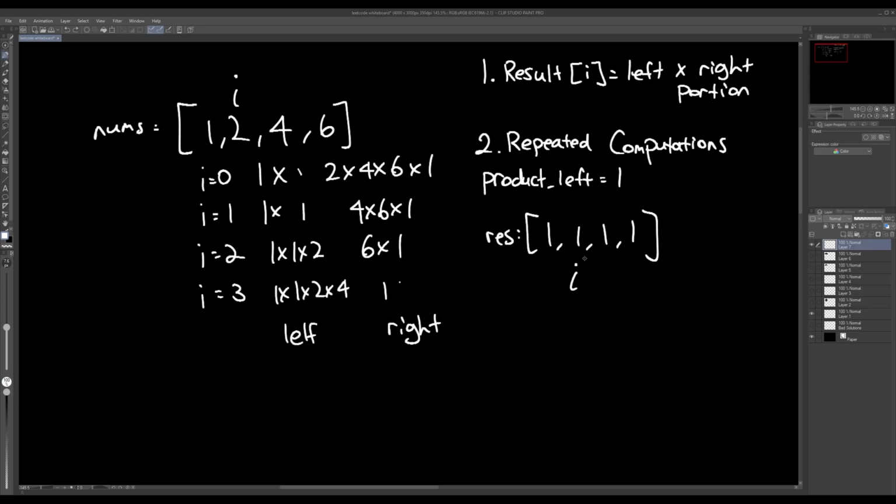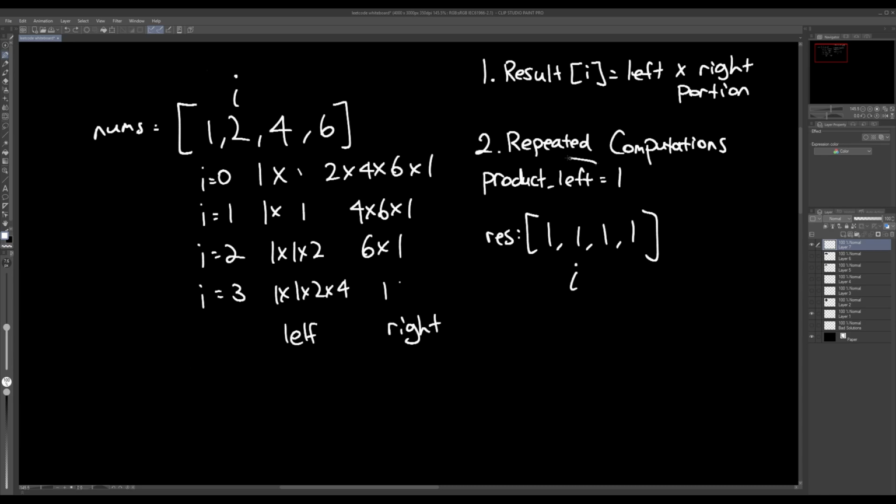But here's where it starts to get a little bit interesting, because I have to update this value now. Before we move the I here, we know that once we move the I to this location, we're going to ask the same thing: what is the product of everything to the left? We're only focused on the left. Well, we know that the product of everything to the left of I is going to be 2. So in preparation of moving this I, we have to update this, right?